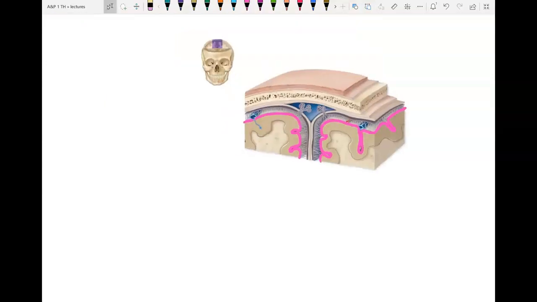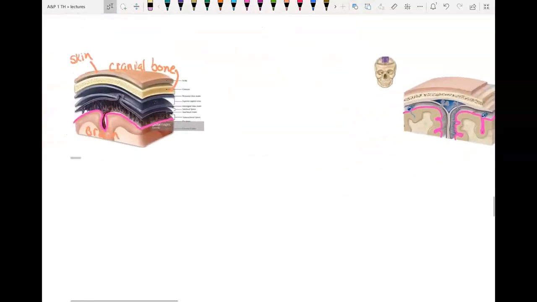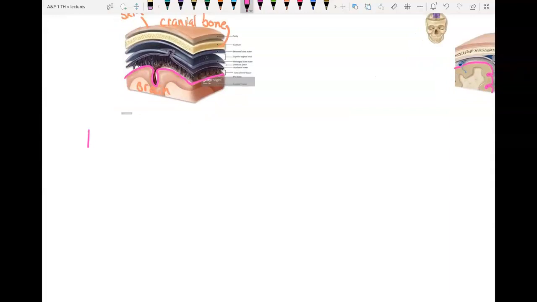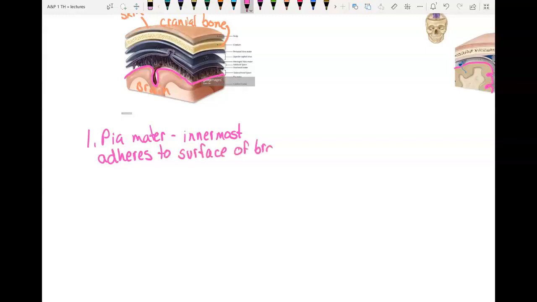Those are the sulci. So our first layer is the pia mater. This is the innermost. It adheres to the surface of the brain, and it is a thin, delicate layer.